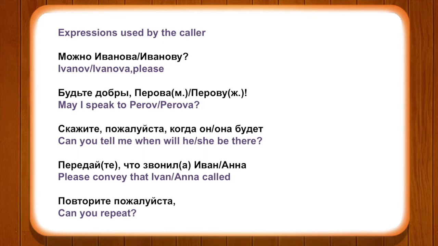Can you tell me when he or she will be there? Передайте, что звонил или звонила. Передайте, что звонил Иван. Please convey that Ivan has called, or please convey that Anna called would be: передайте, что звонила Анна. Повторите, пожалуйста. Can you repeat?